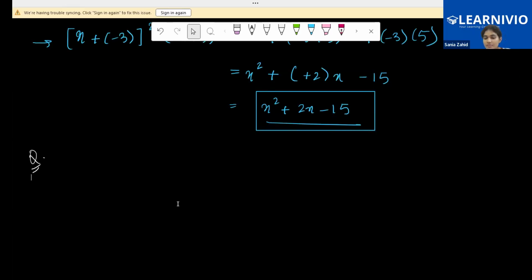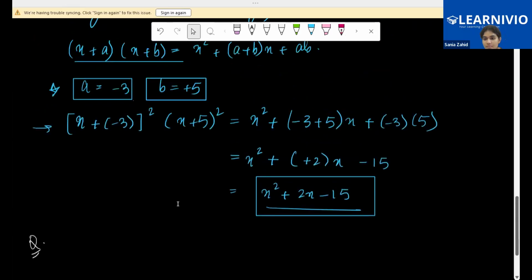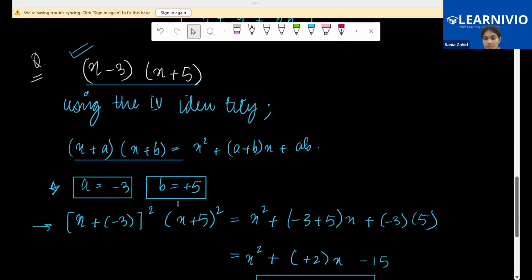Could you scroll a little higher? Children, please copy it down quickly. Done now.